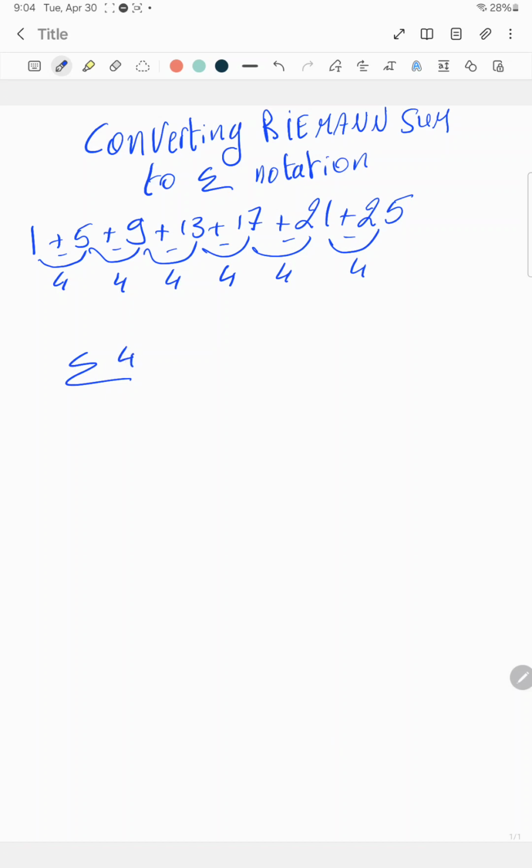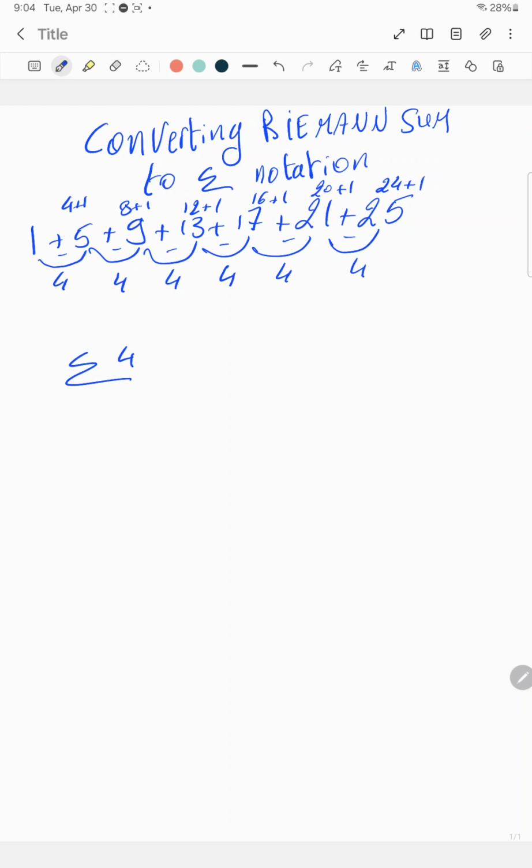And then I look into my 5 and I realize that the 5 is 4 plus 1. And the 9 is 8 plus 1, 12 plus 1, 16 plus 1, 20 plus 1, and 24 plus 1.